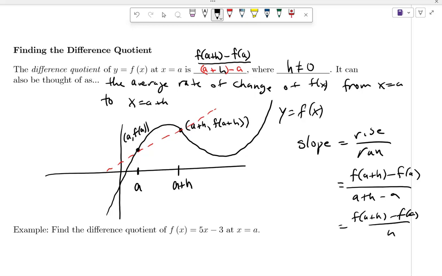So the difference quotient is a slope, is what it is. The difference quotient is the slope of the line through those 2 points, a, f of a, and a plus h, f of a plus h.